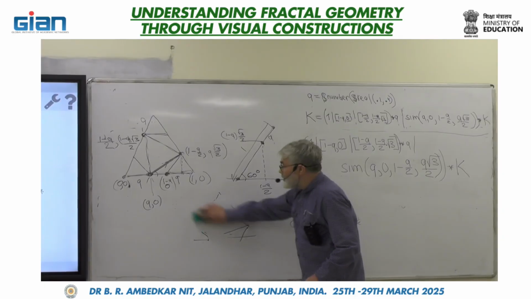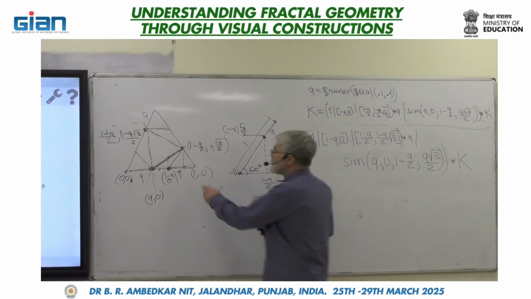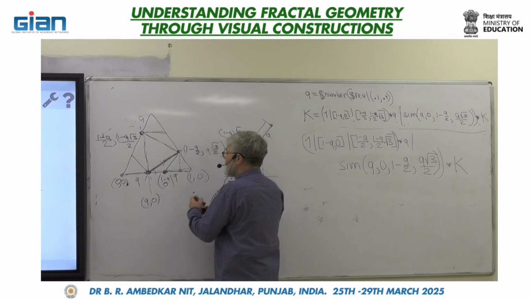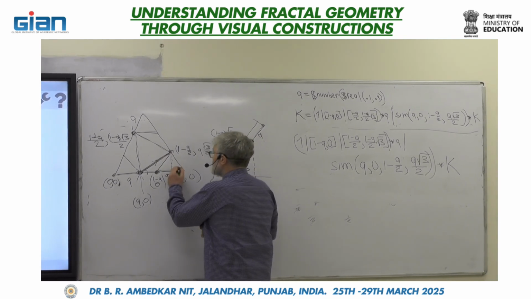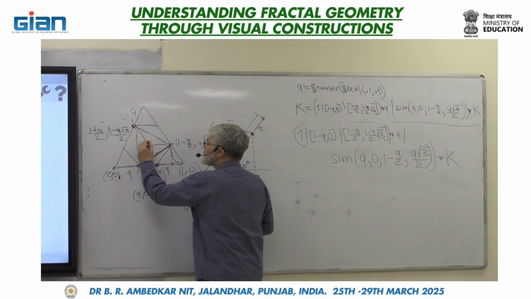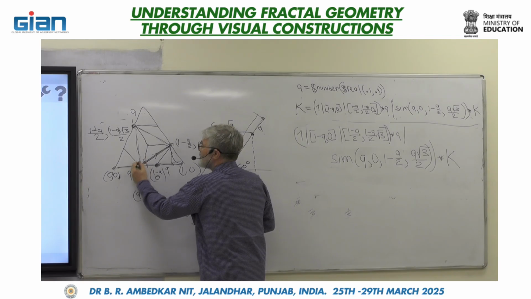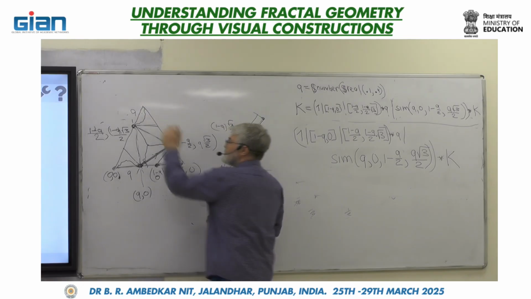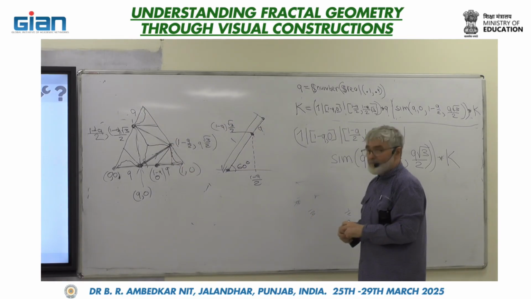So our problem is to find... If you have this attractor, you have the main tree, which goes something like that. You see?